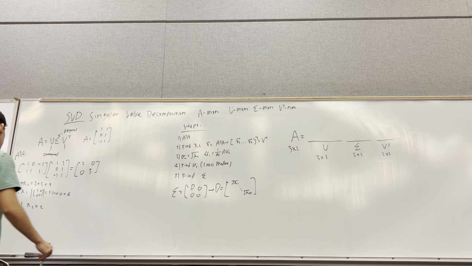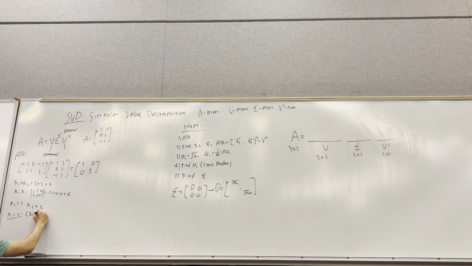Okay, so now let's find the eigenvectors. For lambda1 equal to 3, we can just use the formula (lambda I minus A) times X is equal to 0. So here we have 3 times the identity matrix, that's [3, 0; 0, 3], minus [2, 0; 0, 3], that's equal to [1, 0; 0, 0].